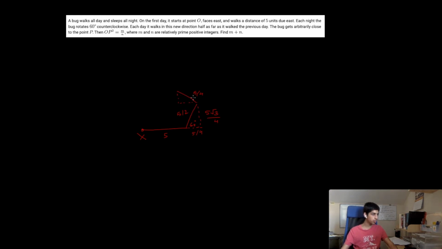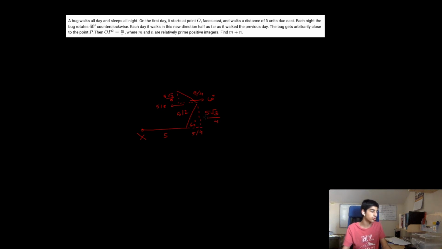So this is 5 over 4. This right here is going to be 60 degrees, and then this is going to be 30 and this is going to be 90. From that we find that this length over here is 5/8, and this is going to be 5 root 3 over 8. We can keep doing this, and you should notice a pattern.